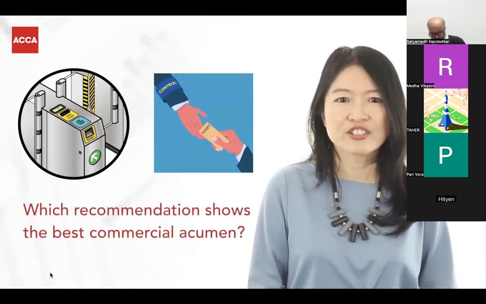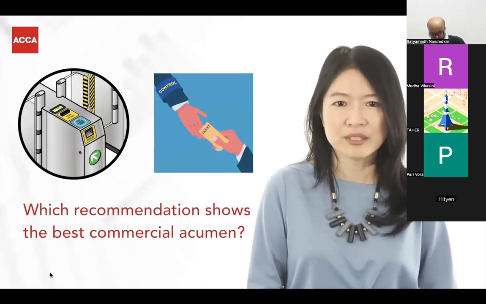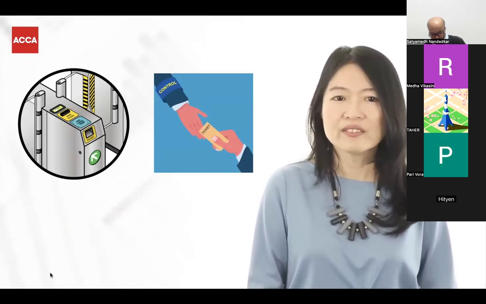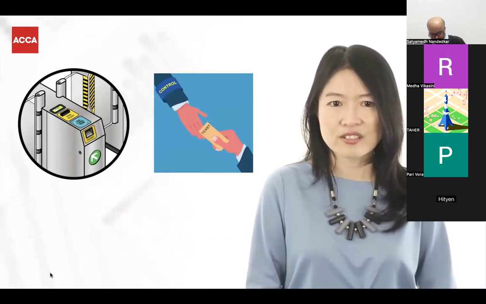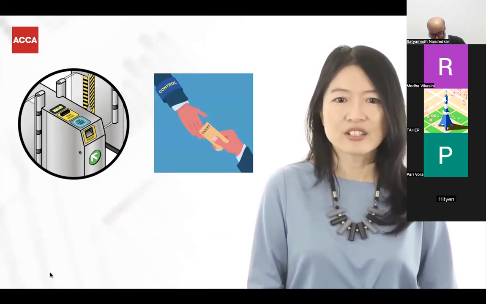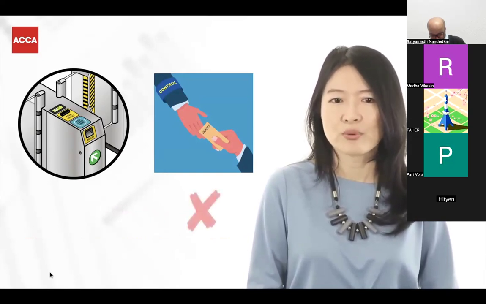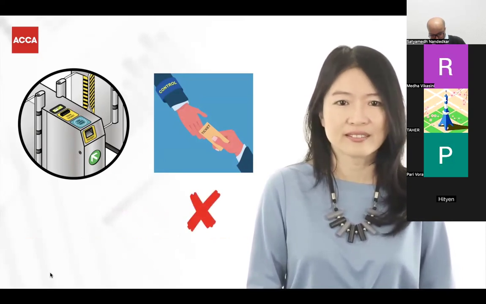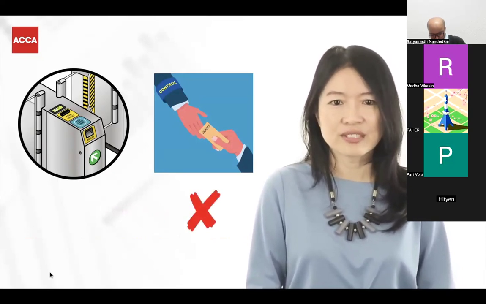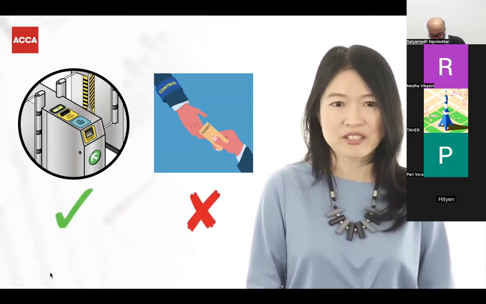Which recommendation shows the best commercial acumen? Well, the ongoing staffing cost and potential delays and disruption caused by manual checking of tickets mean that this is probably not a practical long-term solution. Installation of ticket barriers is the better option.